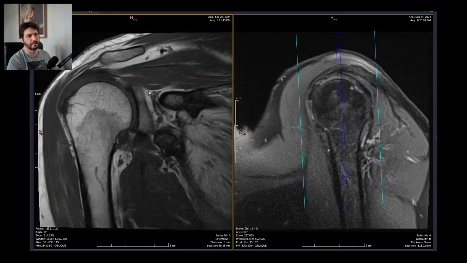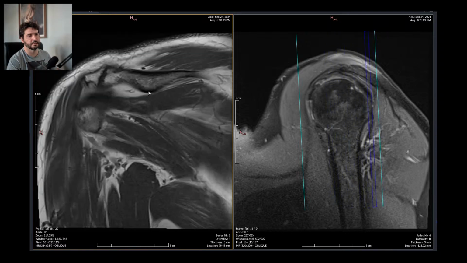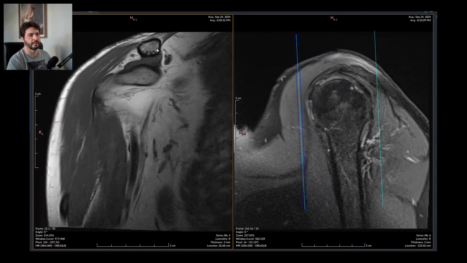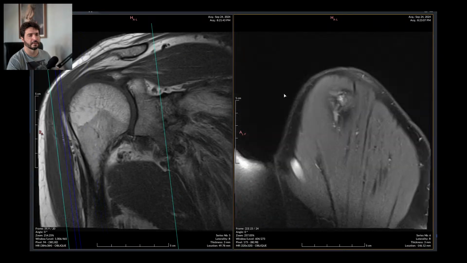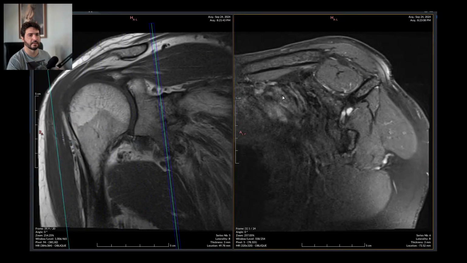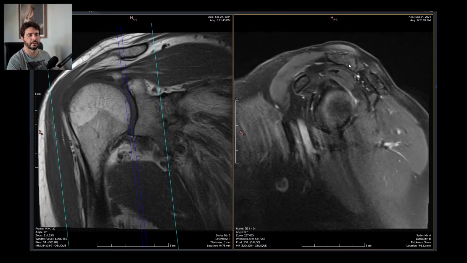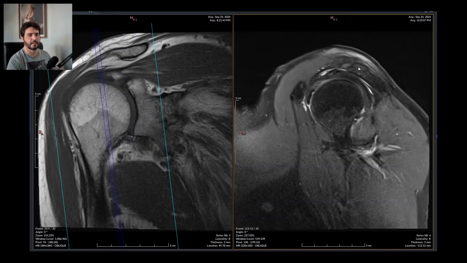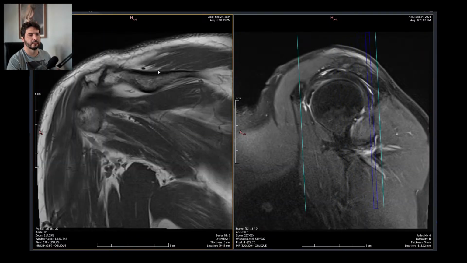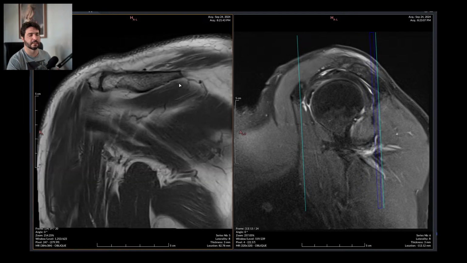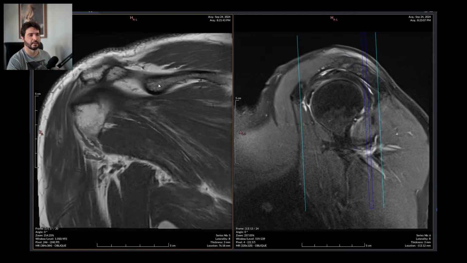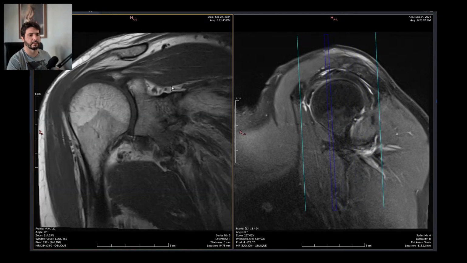This is the clavicle. No, this is acromion. Clavicle is right here. This is kind of twisted. Yeah, the clavicle is here. This is the acromion. Patient is kind of twisted. Yeah, this is scapula.